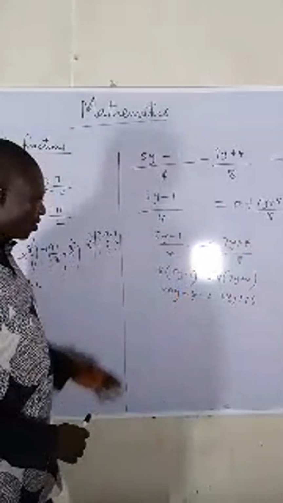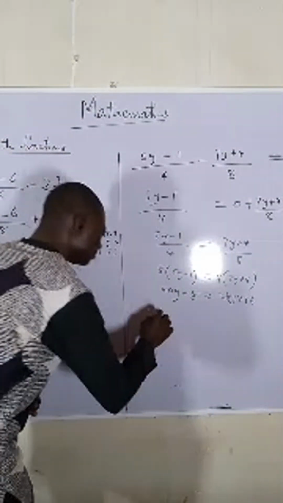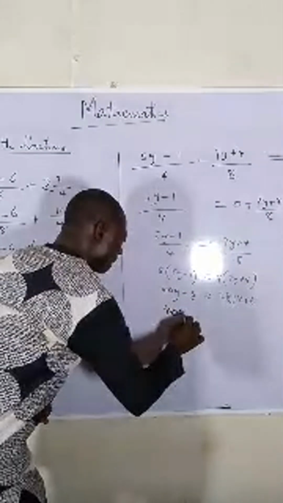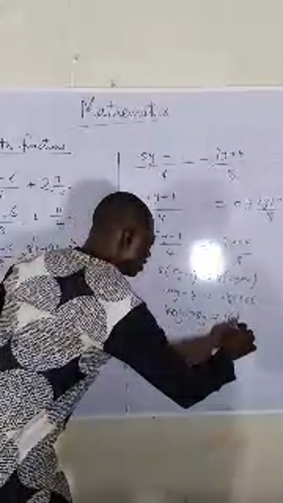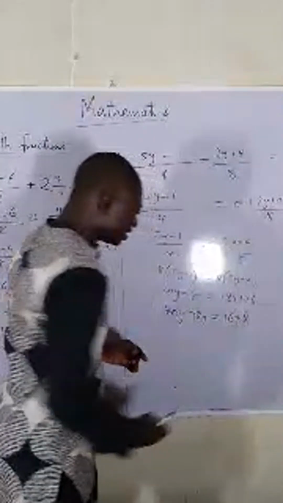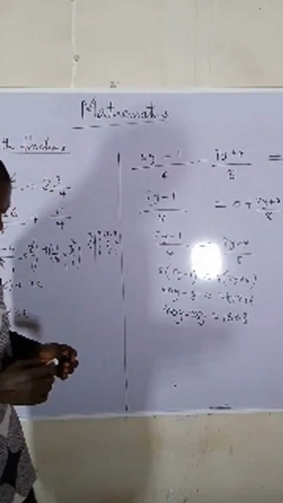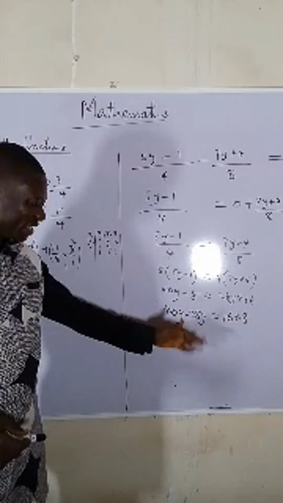The one with the letter will come on the left again. We have 40y minus 28y being equal to 16 plus 8. Minus 8 on the left hand side moves to the right hand side as plus. And so 40 minus 28.